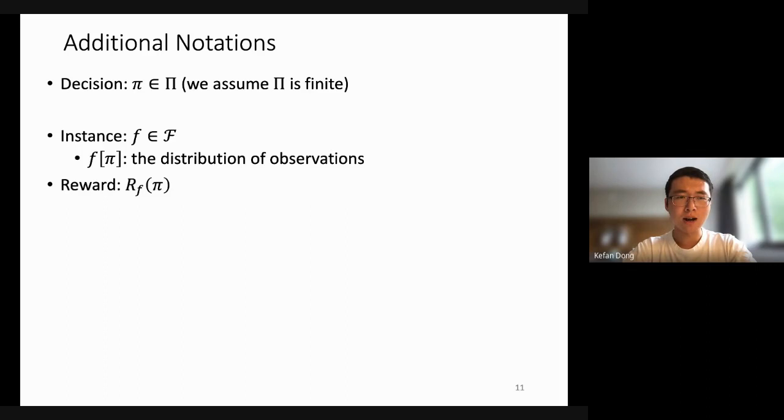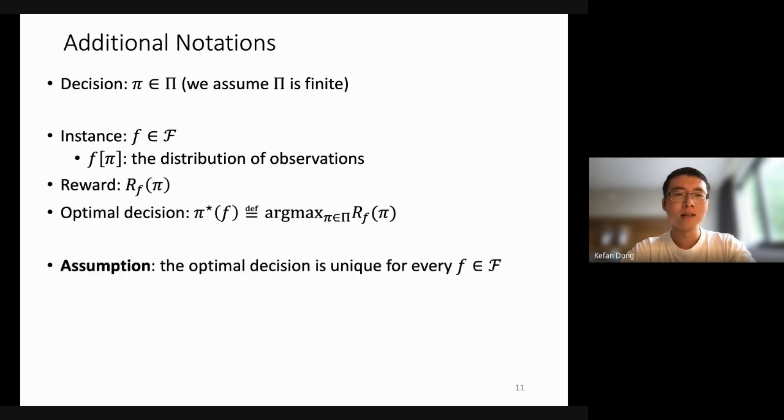And we use r sub f of pi to denote the expected reward of the decision pi on the instance f. So the optimal decision, of course, is the decision that maximizes the reward. And we make the assumption that the optimal decision is unique for every instance. I think this assumption is standard in prior works on instance optimality.